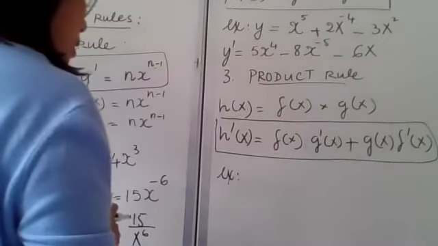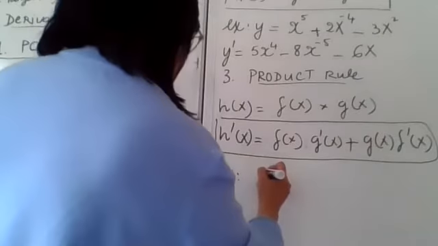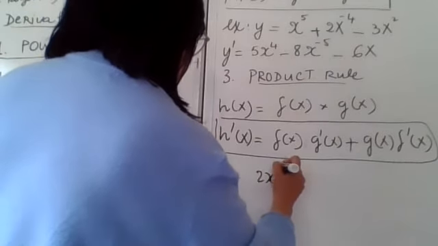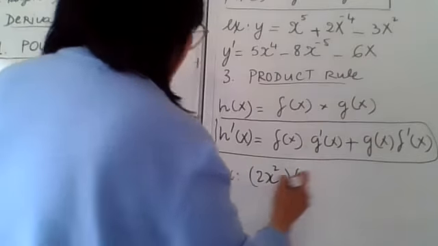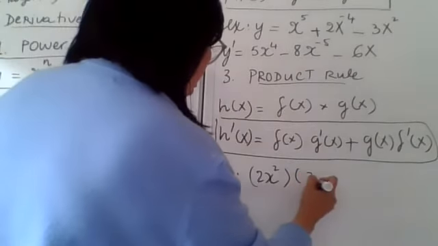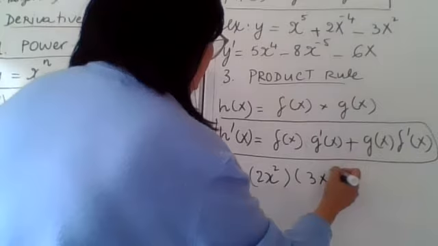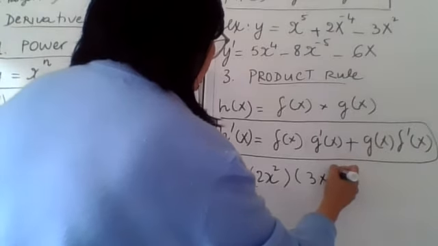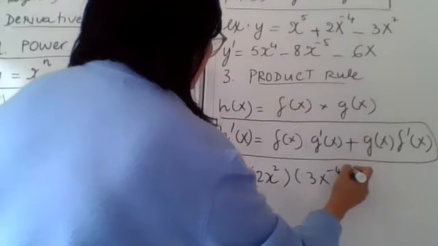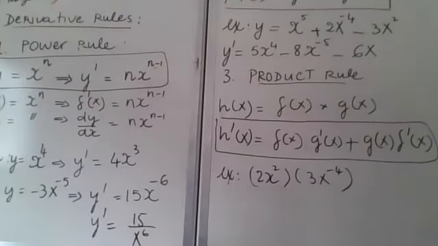So let's say you have an example. Let's say I have two functions, 2x to the power 2 times 3x to the power minus 4. So how do I do this using the derivative?